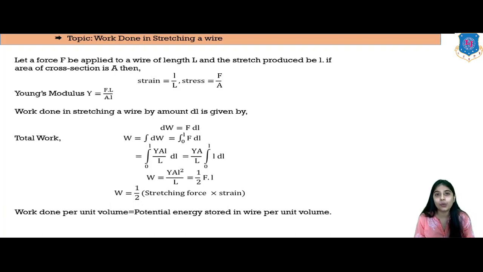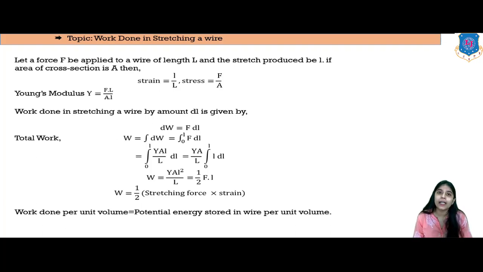So the final total work done will be YAl square by 2L. This can also be expressed in terms of force, since force is YAl upon L. So we get the final expression as W is equal to half into force into l, where small l is the extension produced due to the applied force, or the stretch produced due to the load.